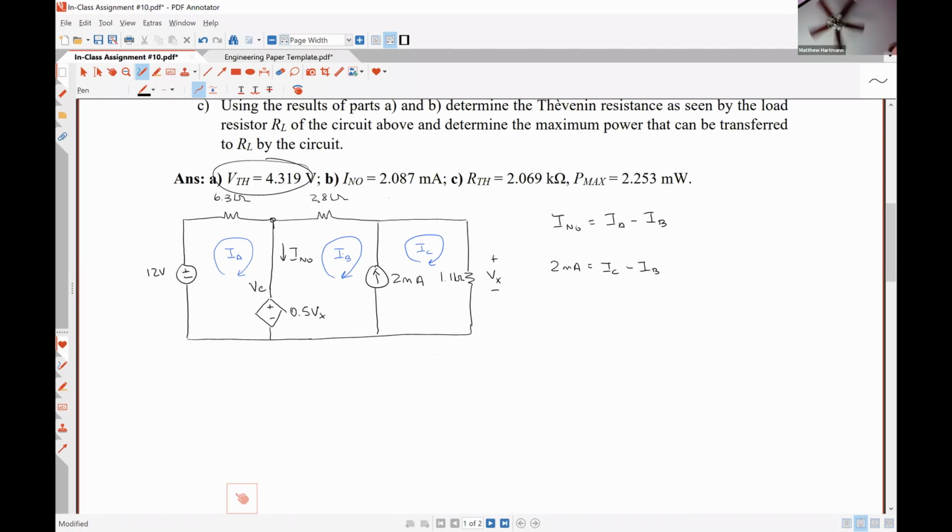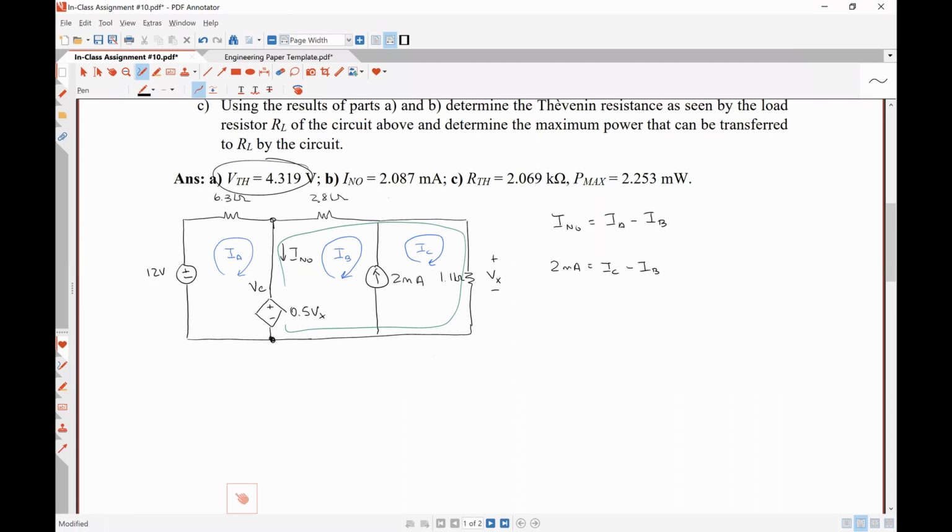So let's write our supermesh equation around this loop, starting at the bottom left-hand corner, right here, please. Negative 0.5 Vx.